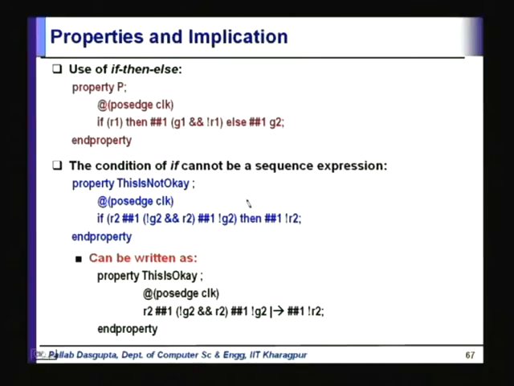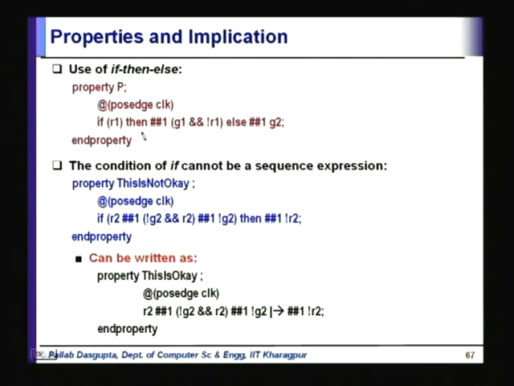Now, before we go into that, there are a few other things that we would look into. First of all, we can use if then else also in the property. So, you can write a thing like property P at passage of clock, if R1, then after one cycle G1 and not R1, else after one cycle G2.